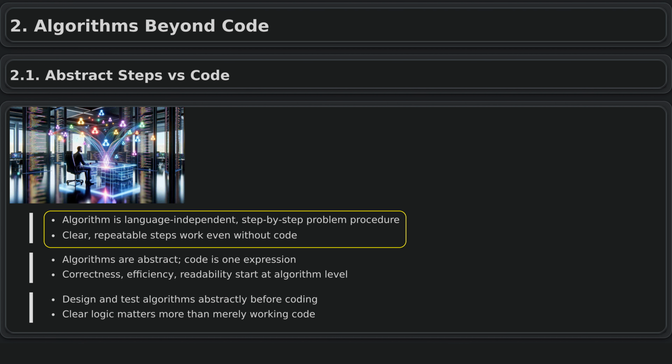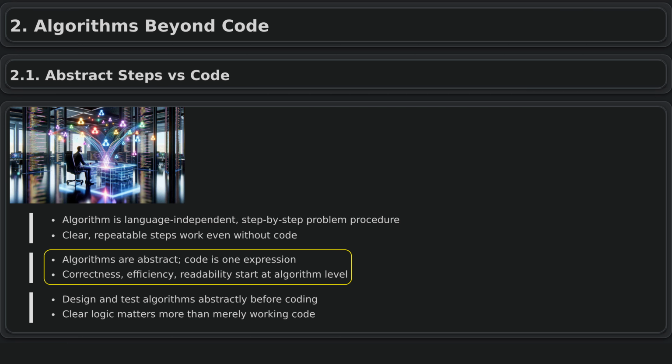For example, choosing what to cook by checking what ingredients you have, ruling out recipes that need missing items, removing those that take too long, and then picking from the remaining options is an algorithmic process. Even without writing any code, this clear and repeatable method counts as an algorithm because others can follow the same steps to get the same result.